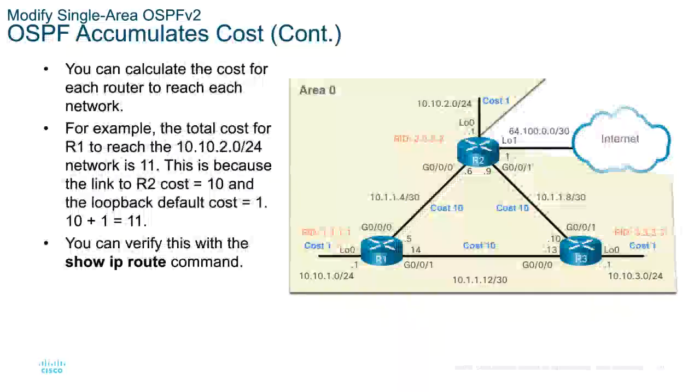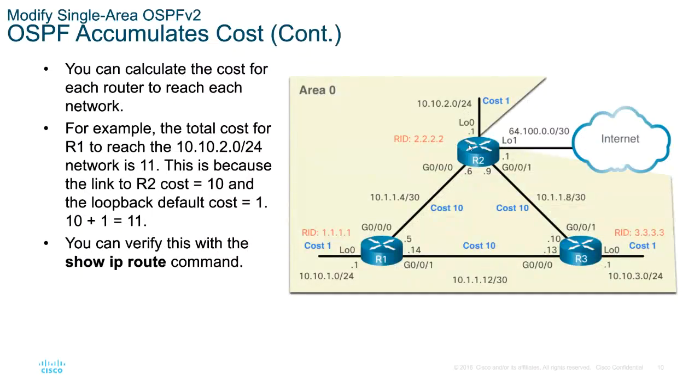So knowing the costs, what we can do is then work out the path. In the example here, it is using total cost for router 1 to reach the 10.10.2 network, which is this one here on router 1.